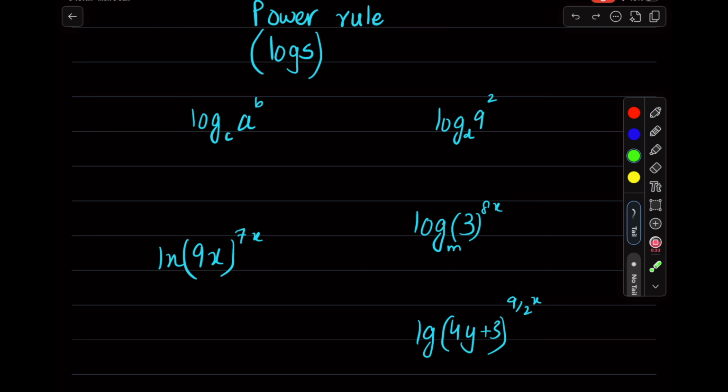Our whole term is a, right? Our only term is a. So we can say that a with the power of b is the scenario where b is the power of the whole term. Please concentrate on the words I'm using: b is the power of the whole term.